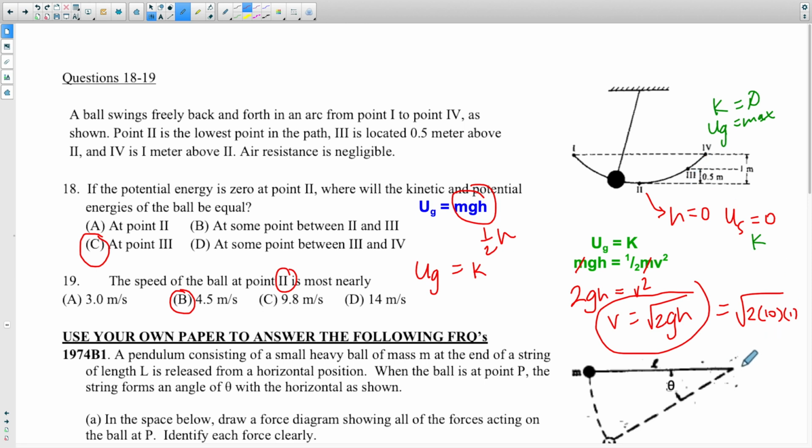So we really are taking the square root of 20. And if I go to my calculator and I take the square root of 20, I get 4.47. And that is option B.